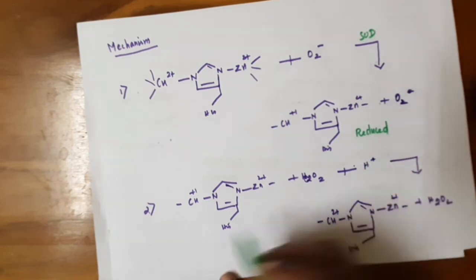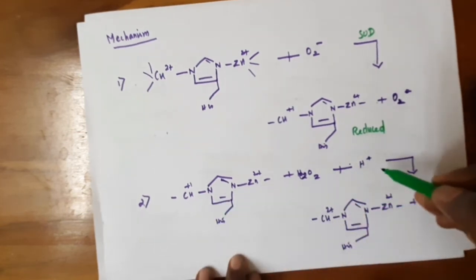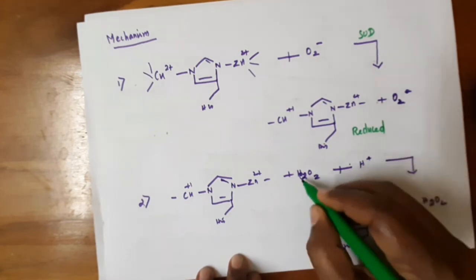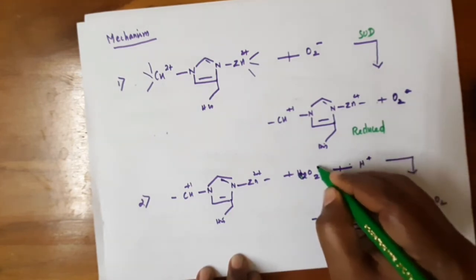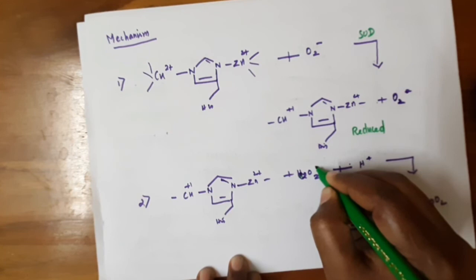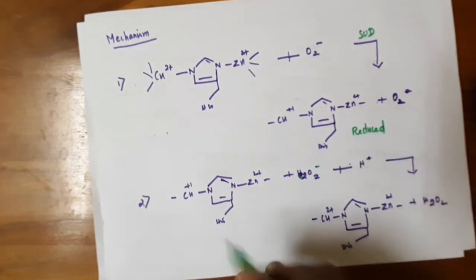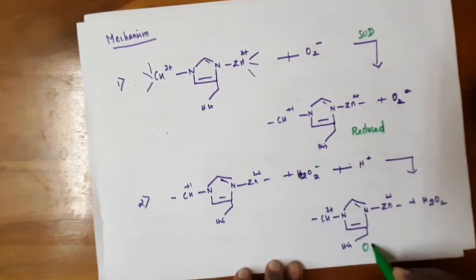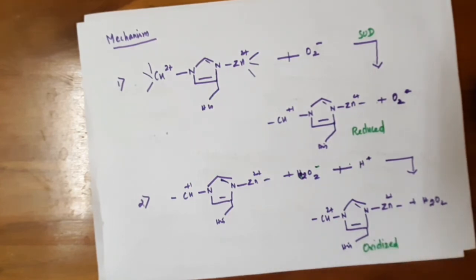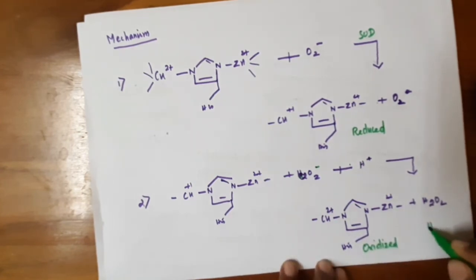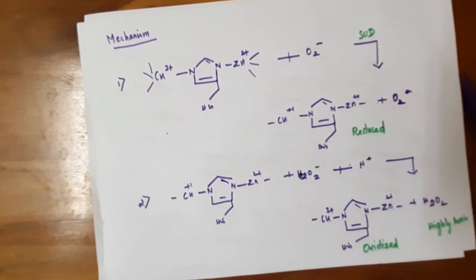In the second step, this copper plus reacts with a proton plus superoxide radical, converts copper plus 1 to copper 2 plus, which gets oxidized and generates H2O2. And this H2O2 is highly toxic, which is treated by the catalase enzyme, which converts hydrogen peroxide to oxygen and water.